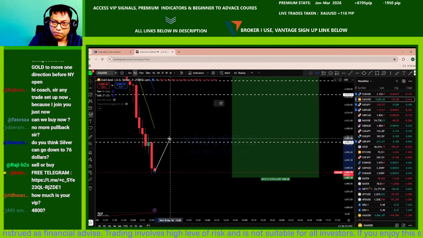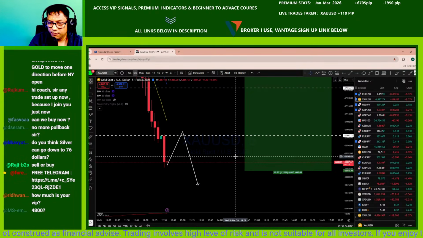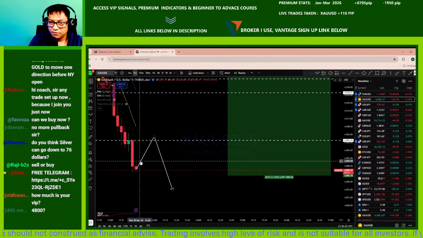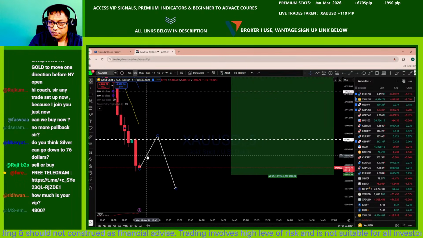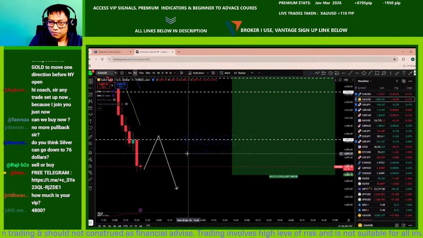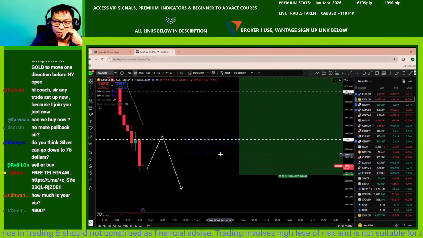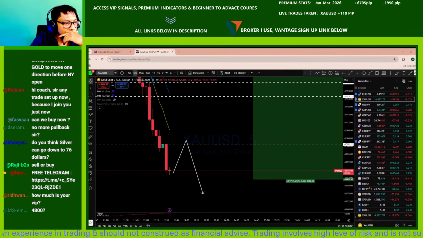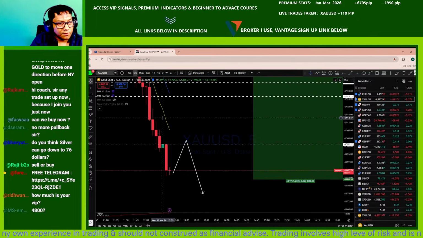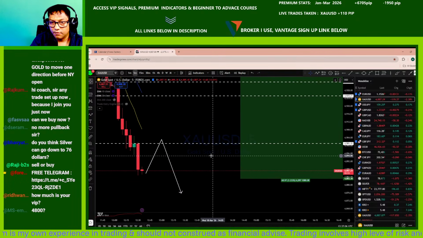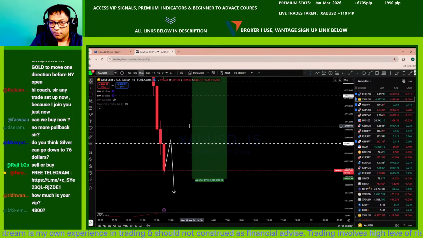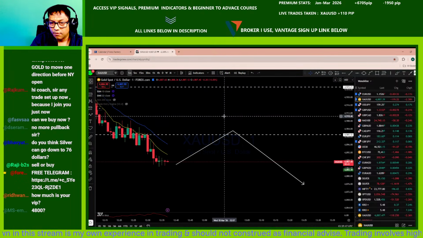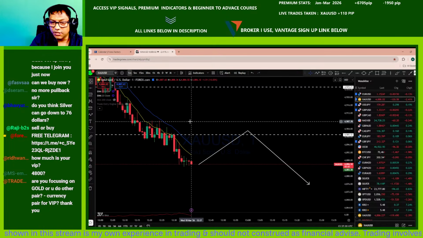With this downtrend, the market is going back here to the liquidity zone, and you could see the market drop back below here. You're looking at this key level they're expecting.